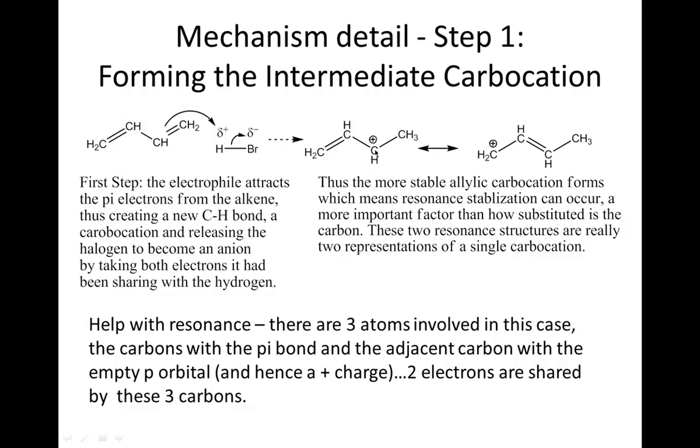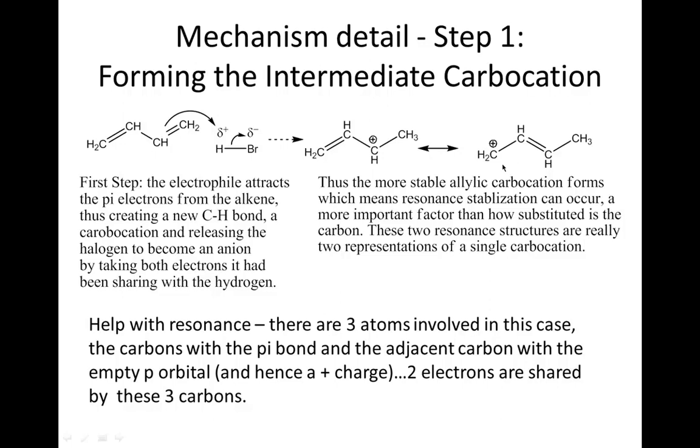But look at this carbocation. Not only is it the more substituted carbon, but it's also right next to this pi system, and we call that an allylic position. And so when you have an allylic carbocation, we talked about that in chapter 10, you can do resonance. So these three atoms are sharing these two electrons, and here's the other picture.